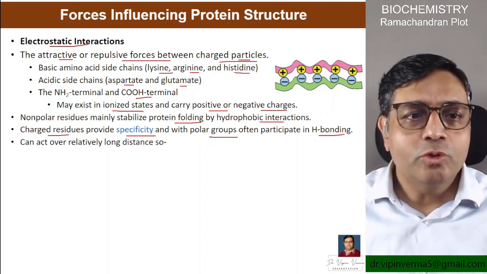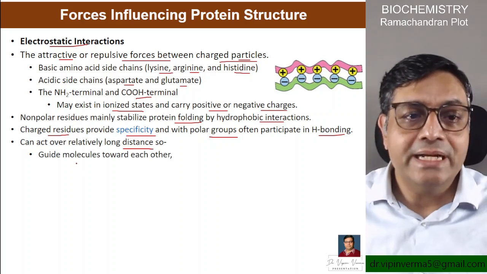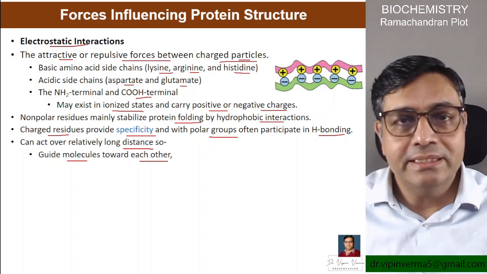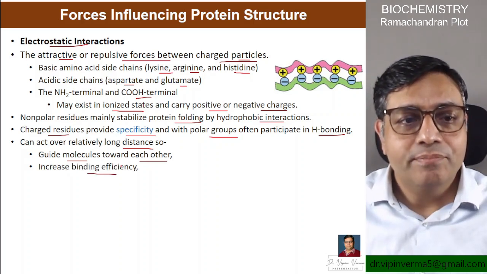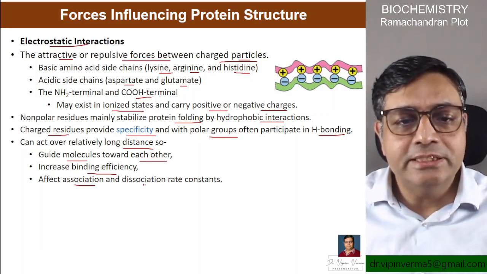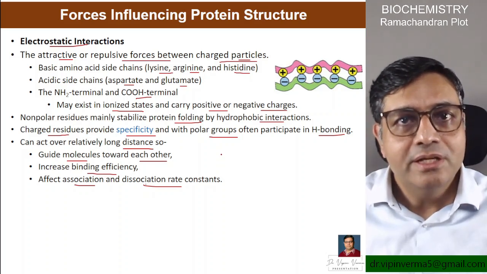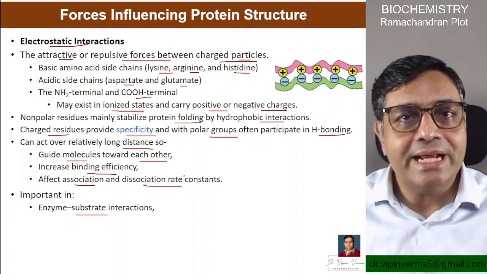Okay, they can act over relatively long distances, so they can guide molecules toward each other in solution. They can increase binding efficiency, and they can affect the association and dissociation rate constants in any enzymatic reactions. So they are very useful in enzyme substrate interactions.